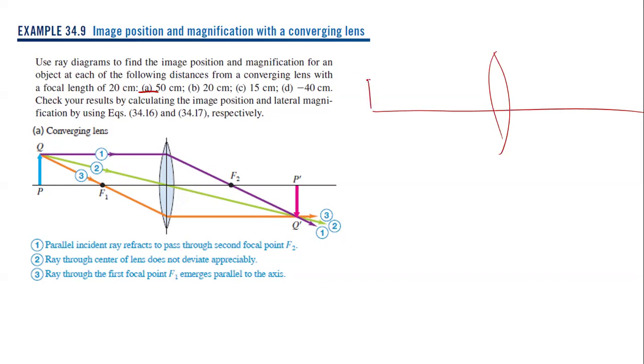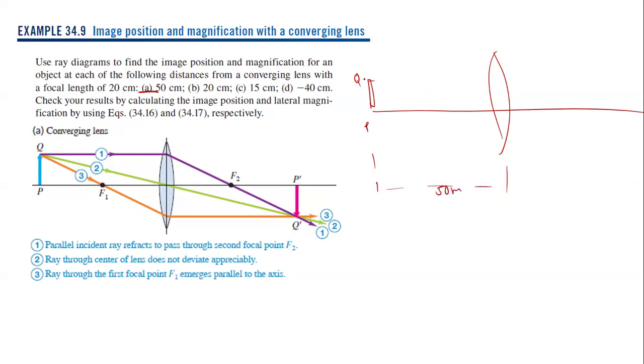For example, we have the image distance Q and P. The first distance is 50 centimeters.